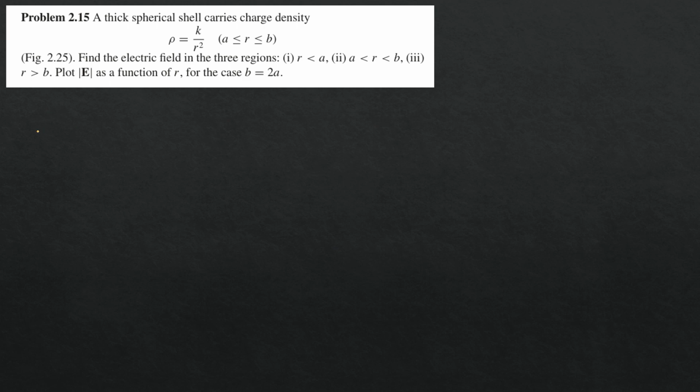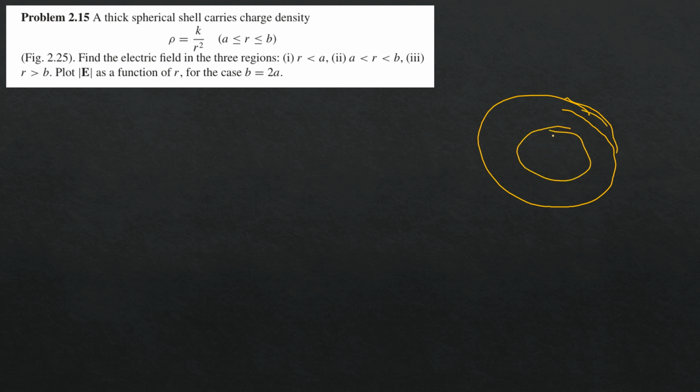Okay, see. Spherical shell like this. This is our R distance, this is our A, this is our B, this middle part is our R, isn't it? So, find the electric field in the three regions.